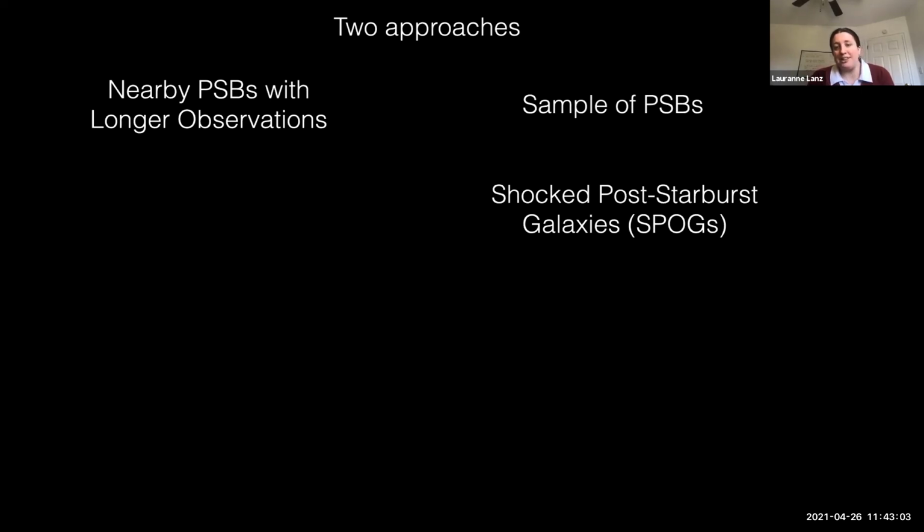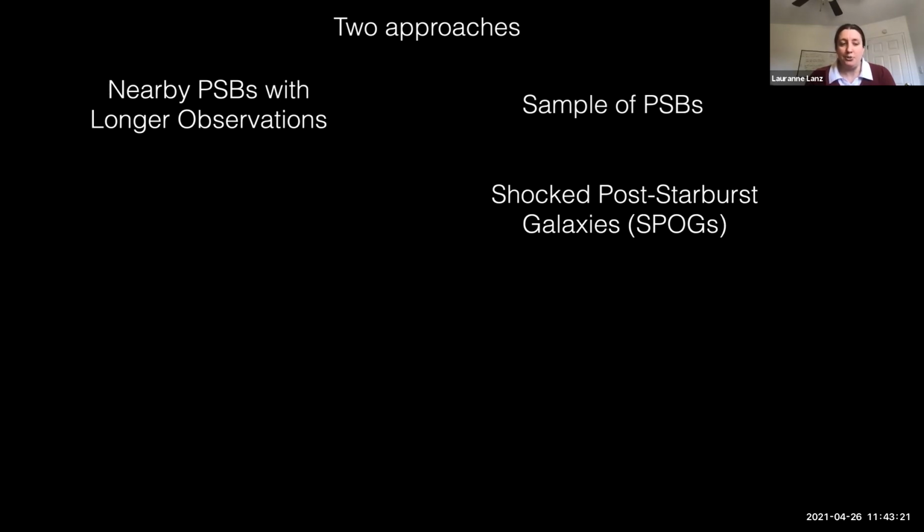So SPOGs, like E+As, require the presence of A stars. But E+As generally throw out anything that has star formation indicators like H alpha. And thanks to Samir for introducing BPT diagrams.